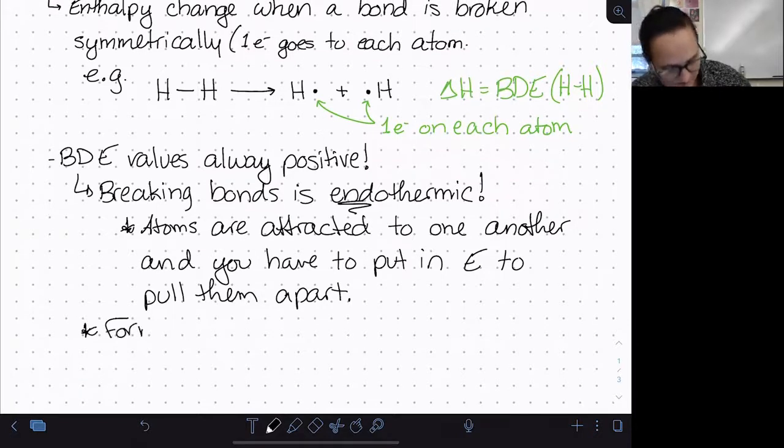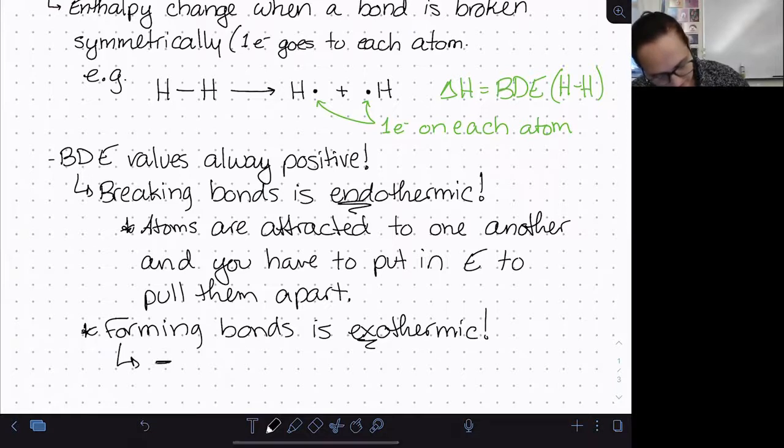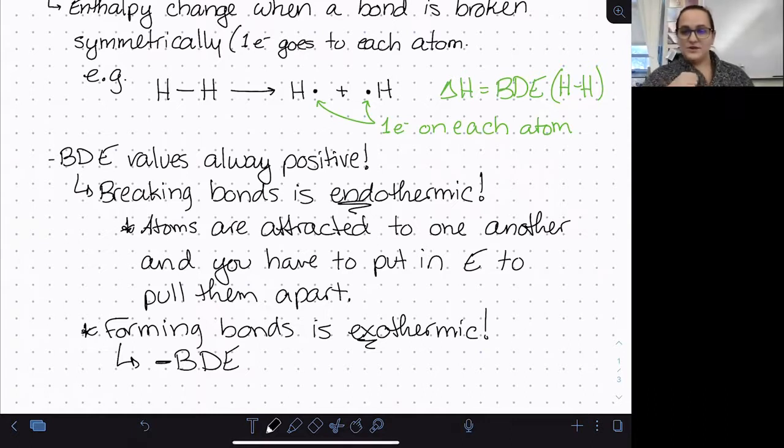Forming bonds is exothermic. And would be described by the opposite of the bond dissociation energy. Breaking a bond and forming a bond are opposite processes, so the same amount of energy is going to be transferred, just in the opposite direction.